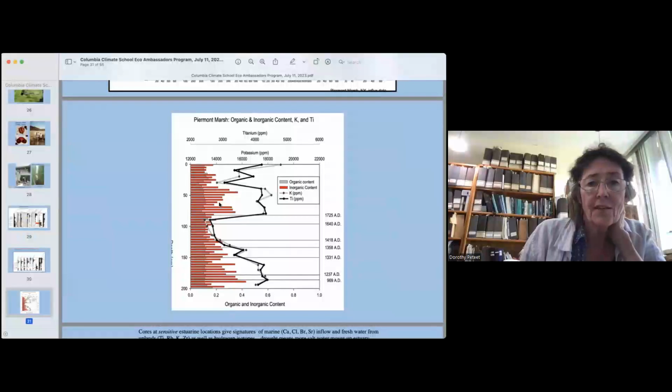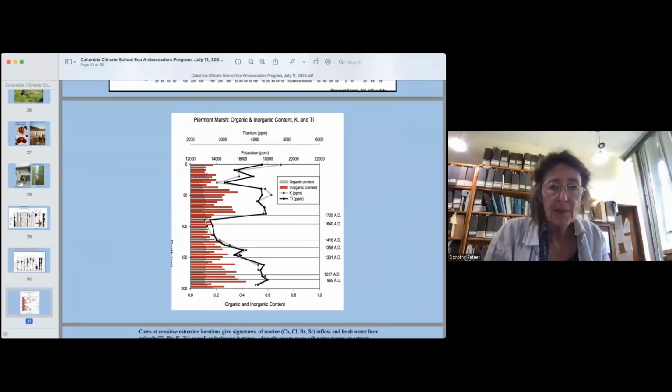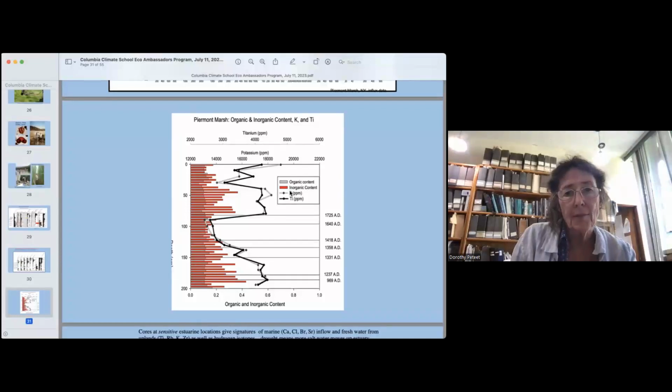We also did X-ray fluorescence, which gives us the heavy metals again, but it also gives us information from the uplands. So titanium and potassium are two elements that come in with erosion. And when the colonists came and cut down the trees, there was a lot of erosion into the marsh.